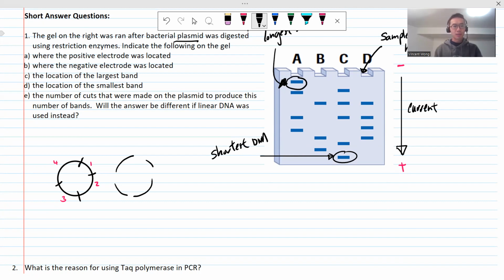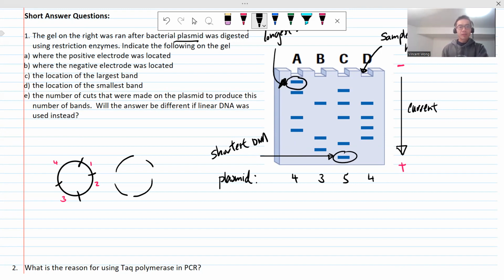So for the plasmid, this would be 4 cuts. Essentially, the number of bands that you see on the gel corresponds to the number of cuts you need to make to create those bands. So that's the plasmid.